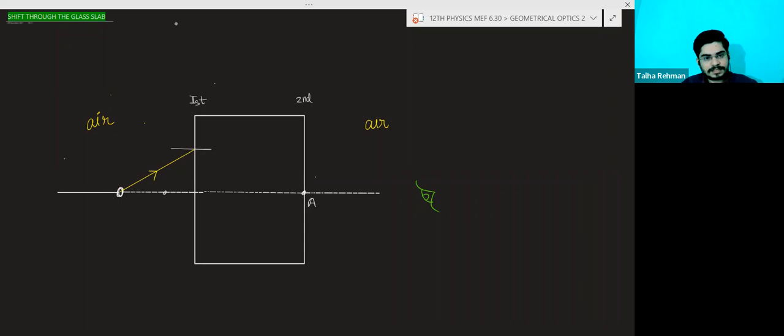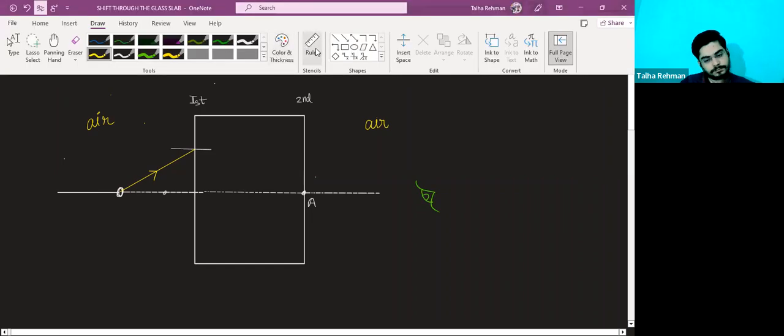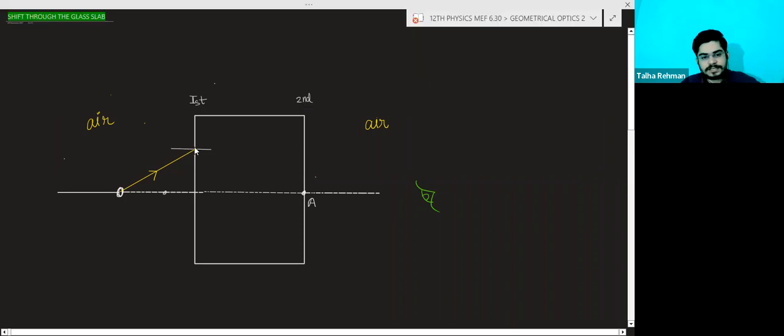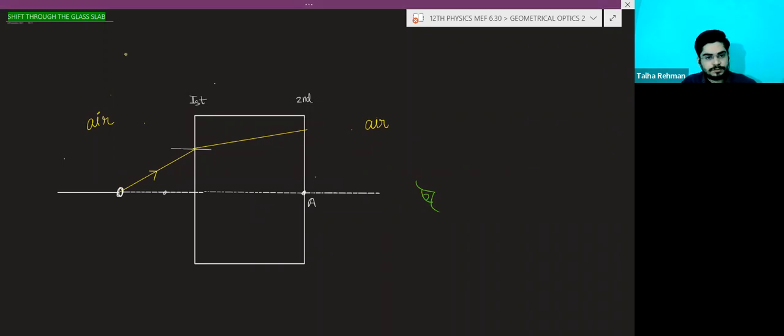As the light is going from rarer to denser medium, air is the rarer and glass is the denser medium, it will bend towards the normal.